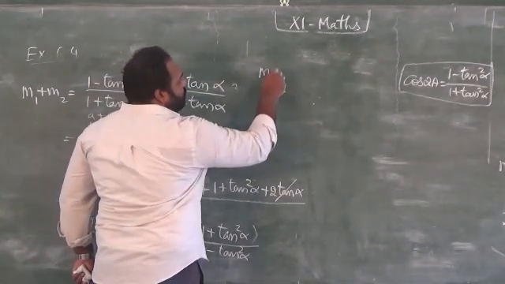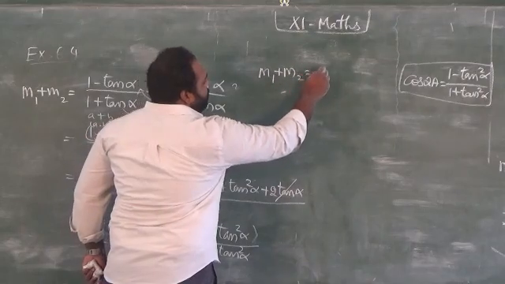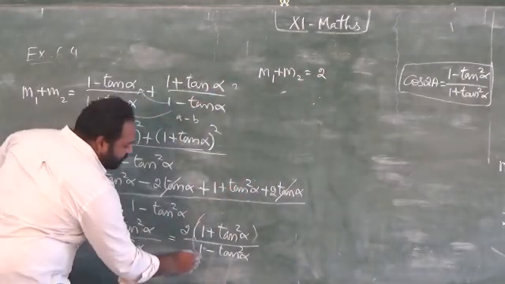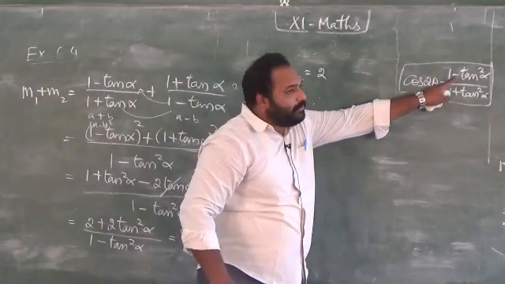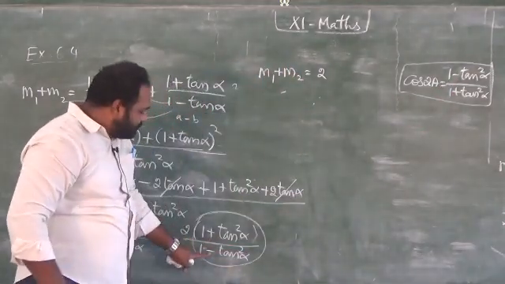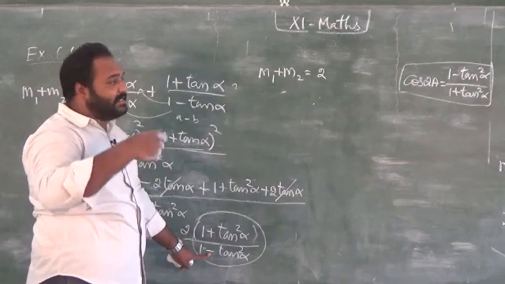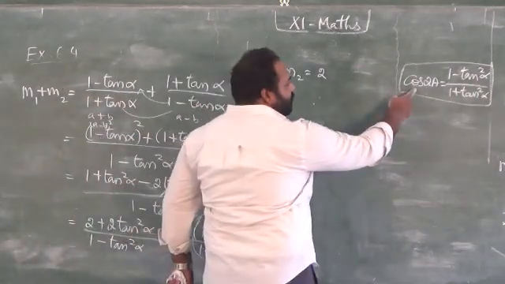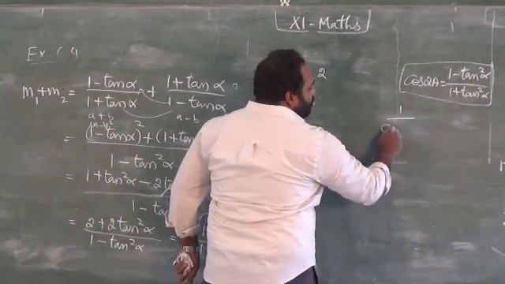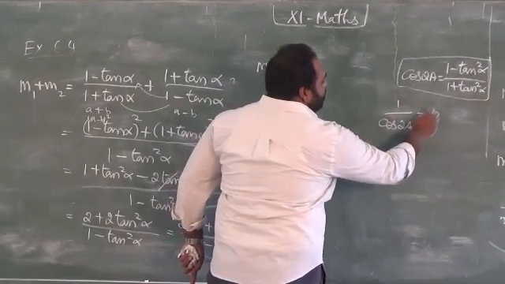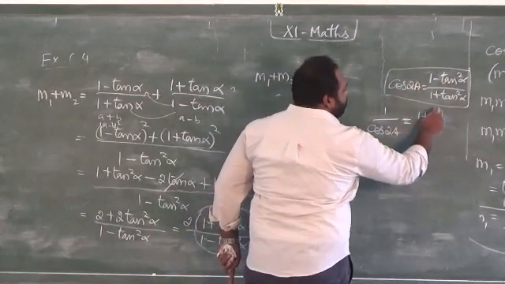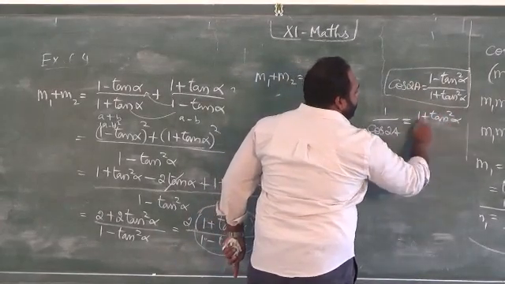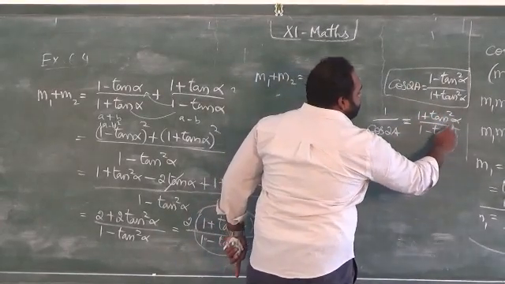So M1 plus M2 equals 2 into this part. Look at that, 1 minus tan square and 1 plus tan square, it is just a reciprocal. If you take the reciprocal, 1 by cos 2 alpha, the other side is also a reciprocal, 1 plus tan square alpha by 1 minus tan square alpha.